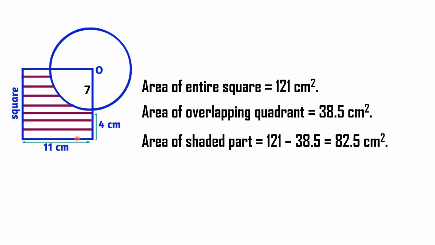So the area of the shaded part, if you subtract 121 minus 38.5, is 82.5 square centimeters. So the required area of the shaded part is 82.5 square centimeters.